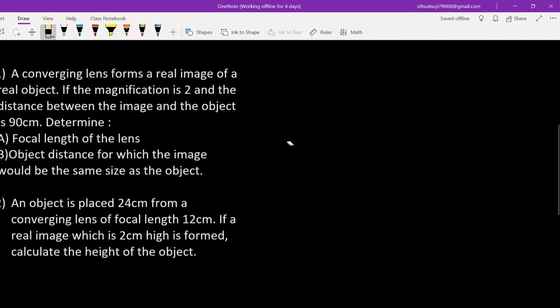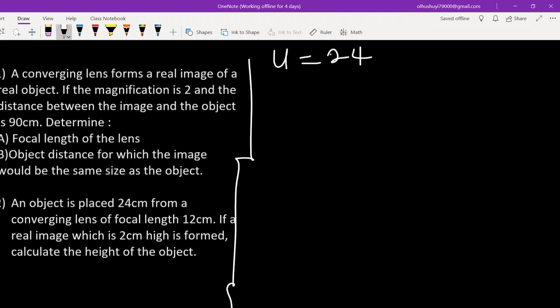Now we go. Let's start with the second question. An object is placed 24 centimeter, that's U, from a converging lens of focal length 12 centimeter.